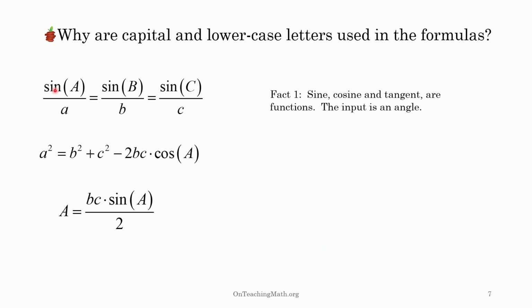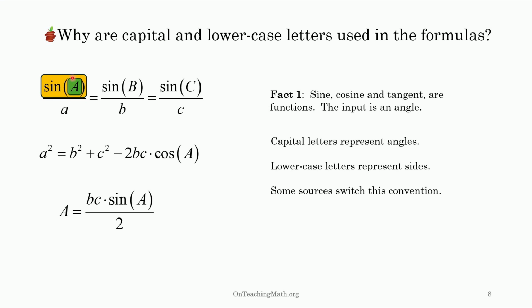Those are functions. Functions have an input, which is inside the parentheses, and for sine, cosine, and tangent, the input is an angle. So when you talk about, like this right here, the sine of A, that means this capital A is an angle. And the reason that we have a lowercase letter is because this a here is going to be its opposite side.